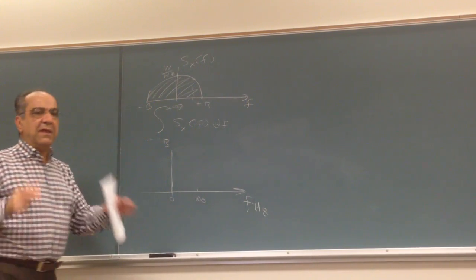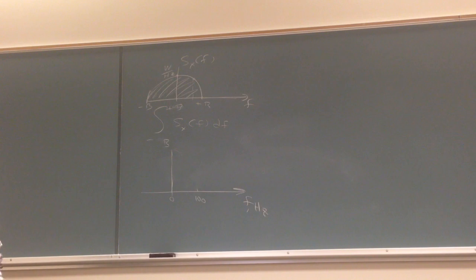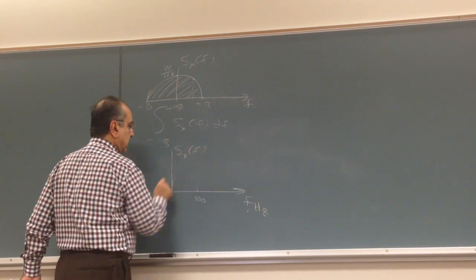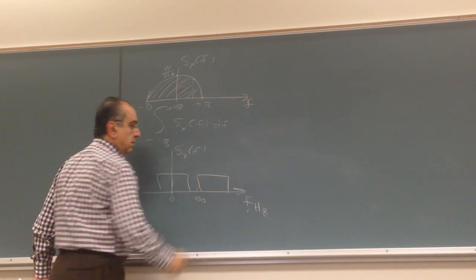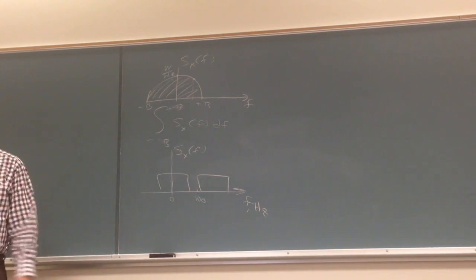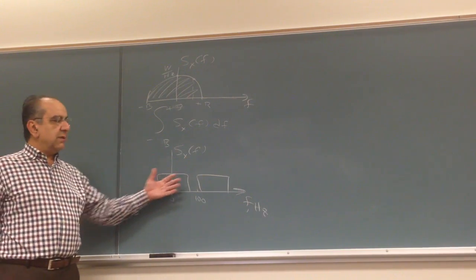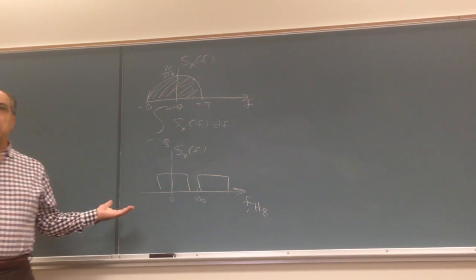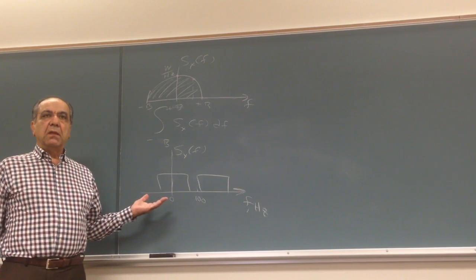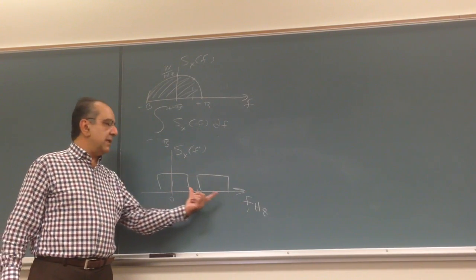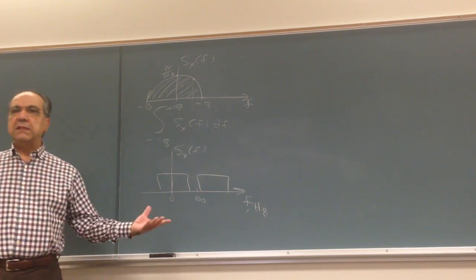I might have signals that have different components. The power spectral density is not just one function. You might have signals with power spectral density something like this, choppy like this. Again, this is just a characteristic of the signal in the frequency domain. It has no energy between these two frequencies, it has energy between these two frequencies, and so on.